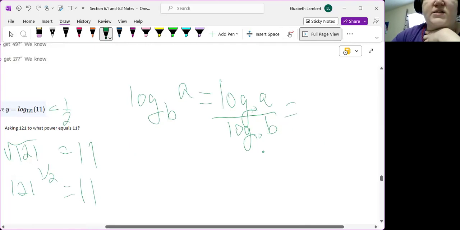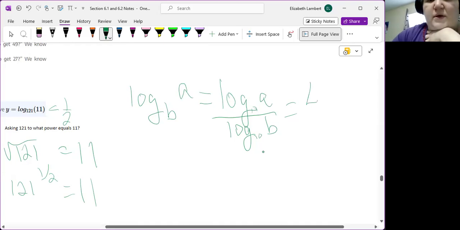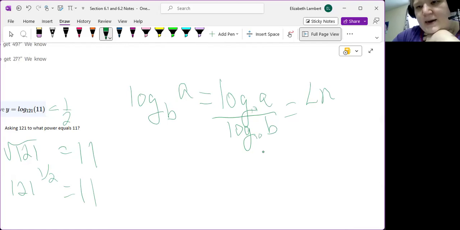This also equals the natural log. Notice I write a capital L, it's not an I. The natural log of A over the natural log of B.